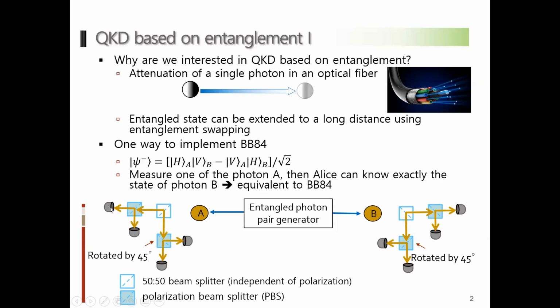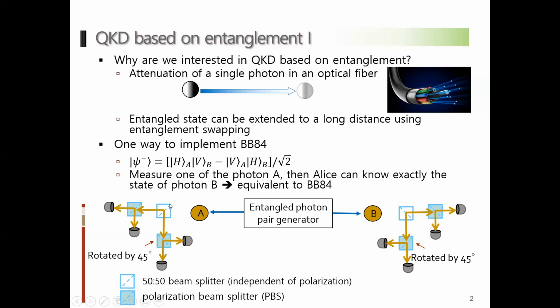So by detecting the transmitted photon or the reflected photon, we can tell which polarization that photon currently has. But this beam splitter is a different type.